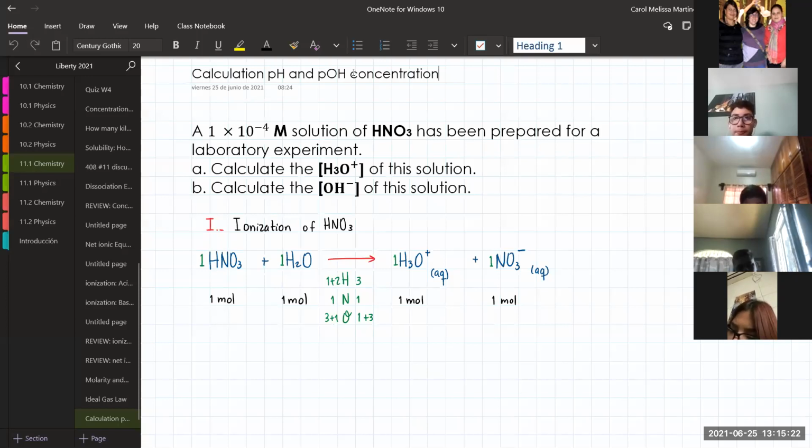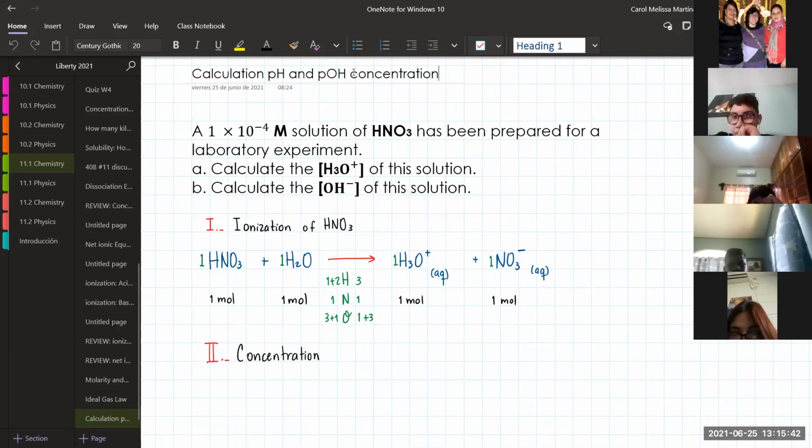Now, in the second step, you're going to work on the concentration given. The problem is giving us a 1 times 10 to the -4th power molar concentration of nitric acid.